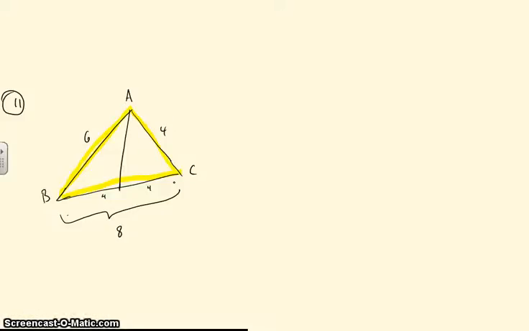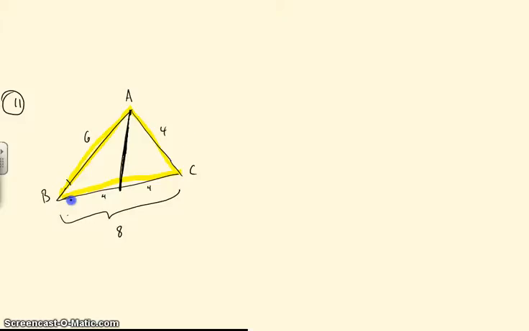So I drew A, B, C. It says find the length of the median from A in the given triangle. So here's what a median is. It goes from that vertex of the triangle to halfway along side BC. So that's that. Notice this is the exact same problem as before. Literally the exact same problem.